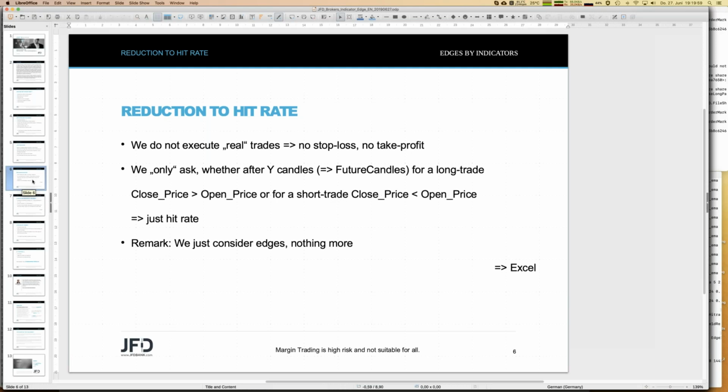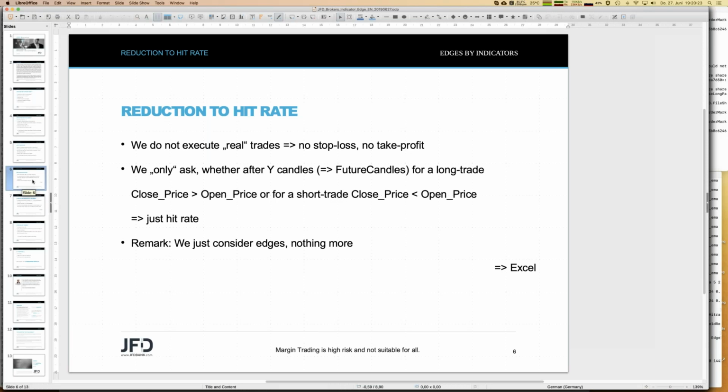We ask only one easy and simple question. If we open a trade, we have a close price of a given candle. We have a given indicator value right now. And now we would virtually open a trade at the open of the next candle. Okay.